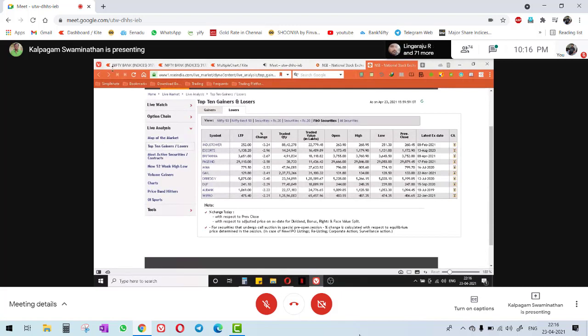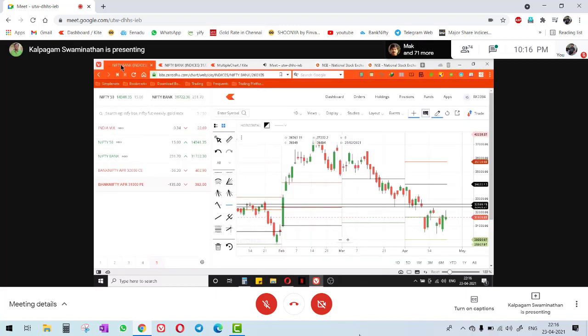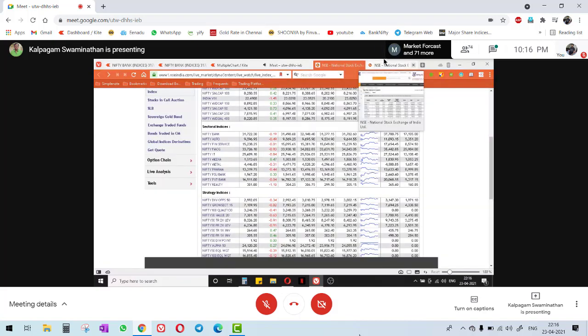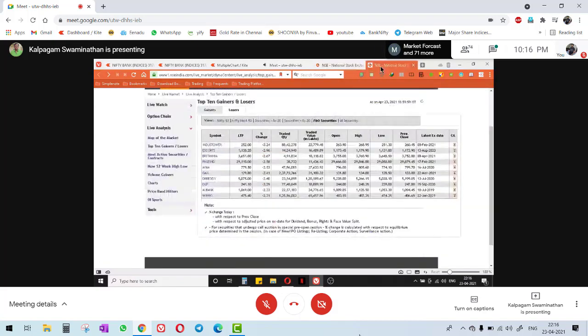When the stock moves, only then the index moves. The index is not moving the stock. The stock is moving the index. So when you have your stock selection based on the sectoral indices or on the top gainers or losers, you will find a good match.